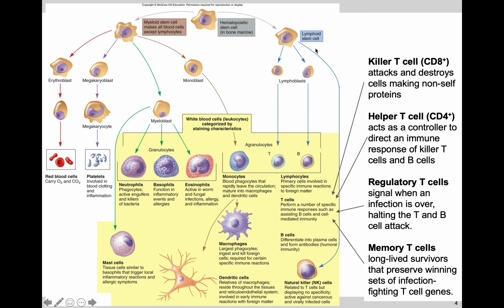And then the last one in this group are the natural killer cells. So these are like, I don't know, old East German secret police maybe. What they're looking for is that cells are supposed to be showing a little piece of whatever protein they're making all the time. That's the cell's job. And there are a lot of infections that will cause the cell to not show what it's making.